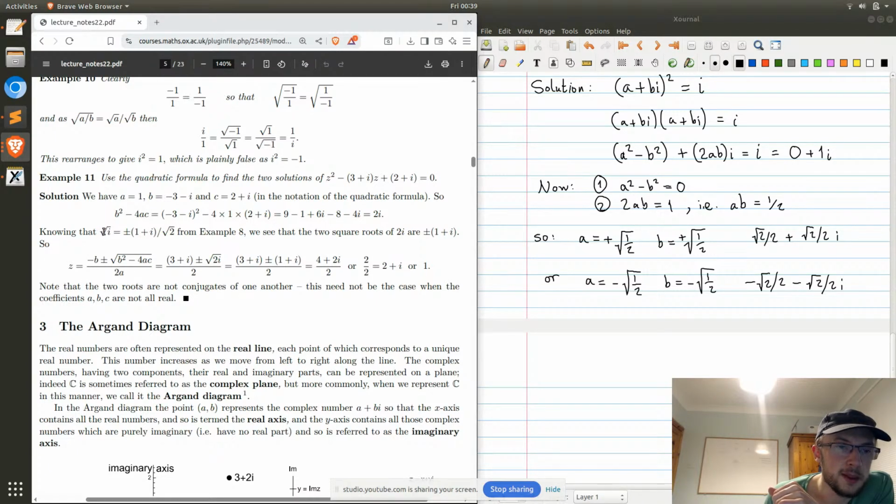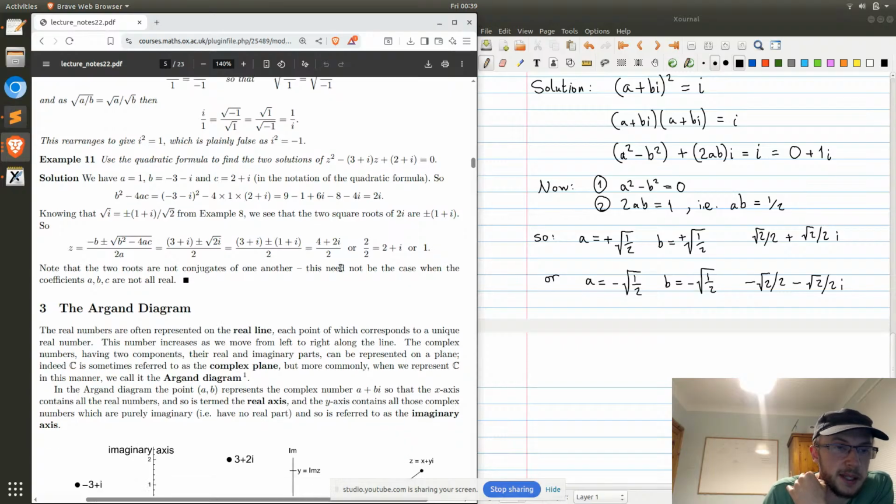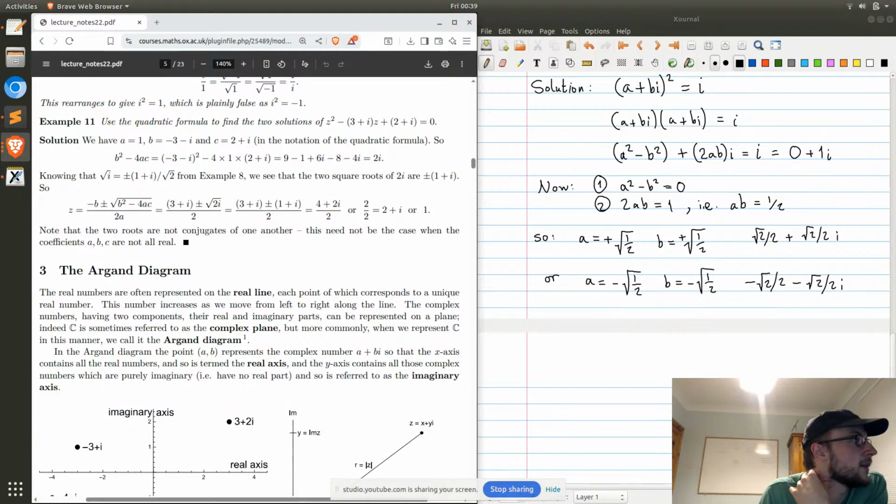And they know that we know now that the square root of i is plus or minus 1 plus i over root 2 from what we just calculated. And so we see that plugging everything in, we get this as a result, either 2 plus i or 1. Note that the two roots are not conjugates of one another. This need not be the case when the coefficients a, b, and c are not all real.